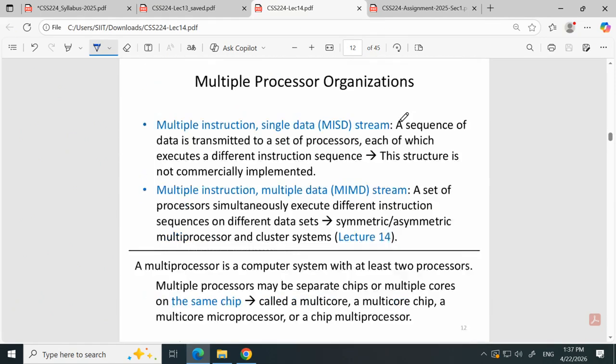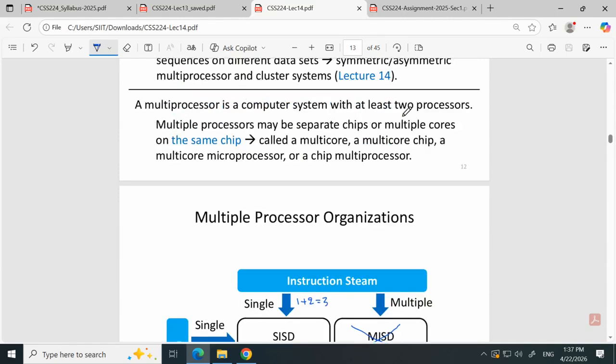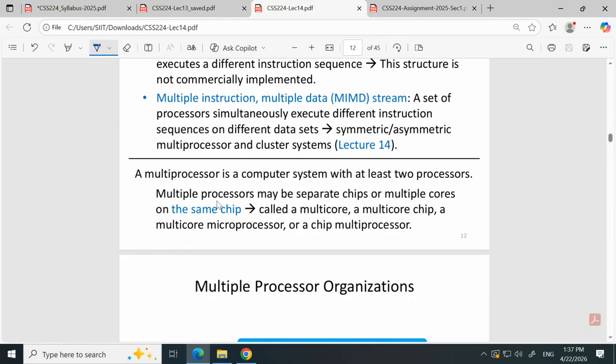Okay, don't worry. I have a note here. A multiprocessor. From now I think I better use just one term, multiprocessor, so you do not get confused. A multiprocessor is a computer, of course, with at least 2 processors. If it has just one processor, it's not a multiprocessor.